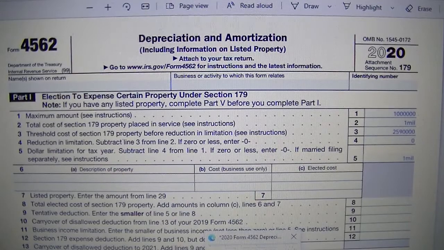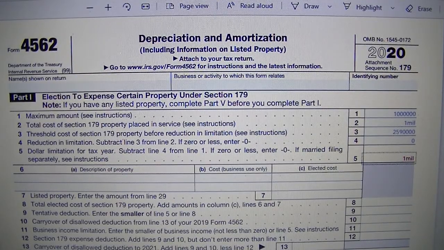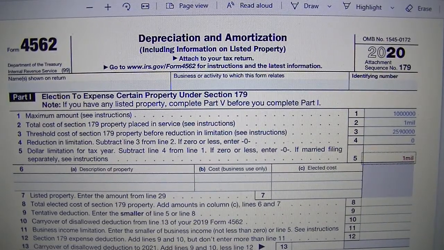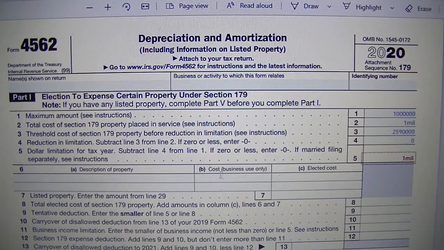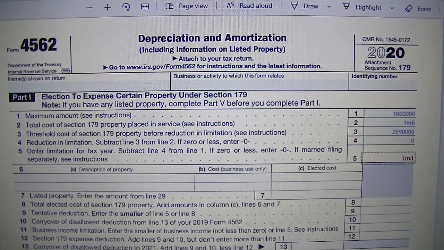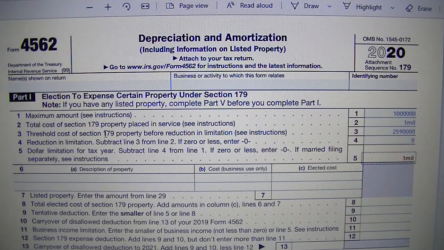But since it is more than 0, you'll go to line 6. And that's how you fill out Part 1, lines 1 to 5 of Form 4562 Depreciation and Amortization for 2020.